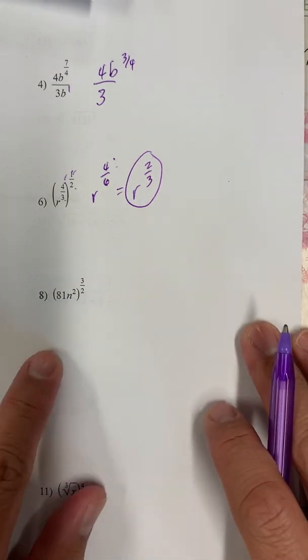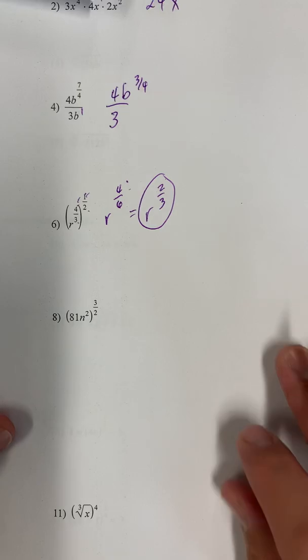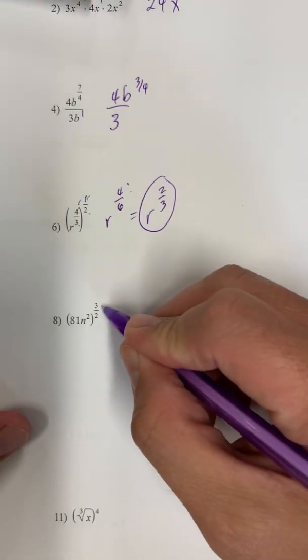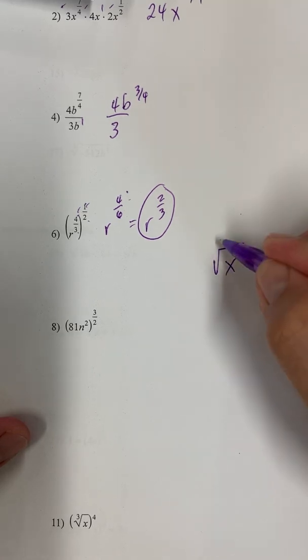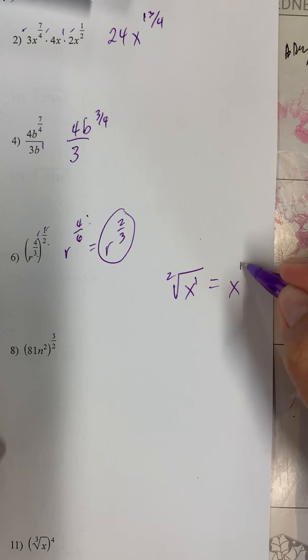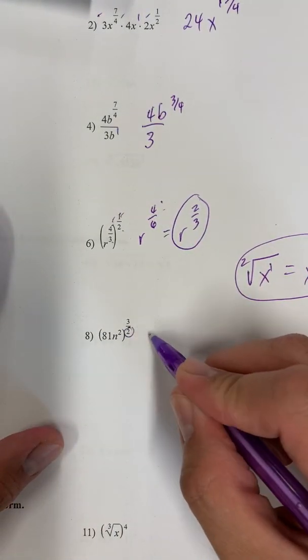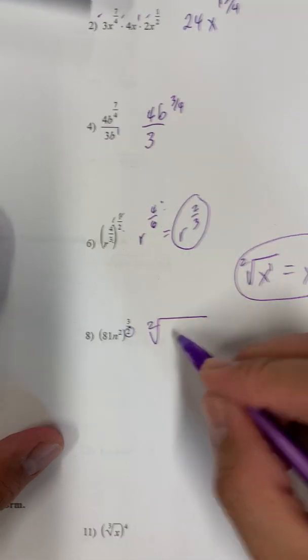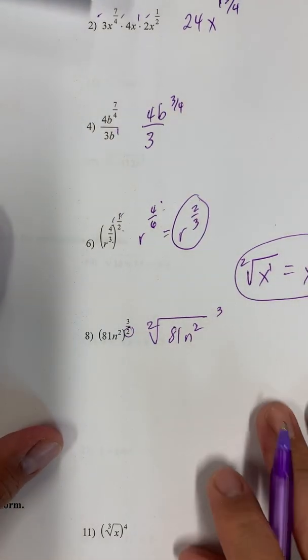Here there are several ways of doing this one. The best way I can share with you would be, you should know that the square root of x, there's an invisible 2 here, there's a 1 there, so meaning x to the 1/2, they are the same. So in this case, the 2 here means it's a square root, and then you have 81 n squared to the 3rd power outside.